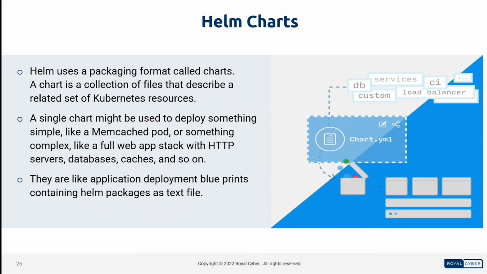A single chart might be used to deploy something simple like a memcache pod or something complex like a full web app stack with HTTP servers, databases, caches, and so on. Helm charts are like application deployment blueprints containing Helm packages as text files.